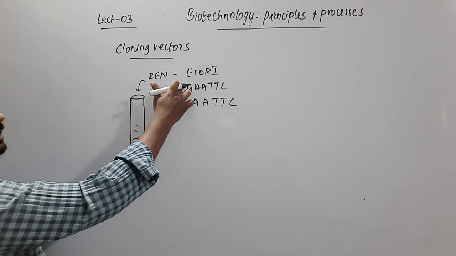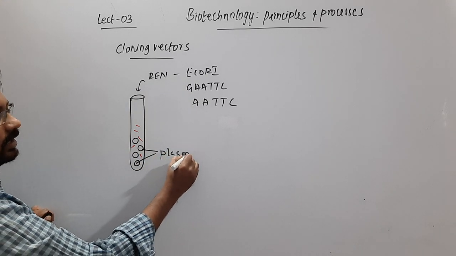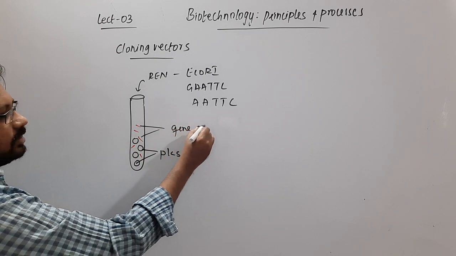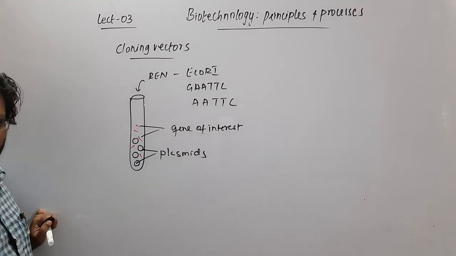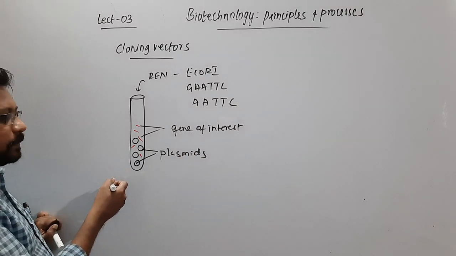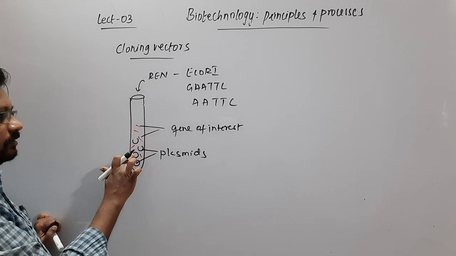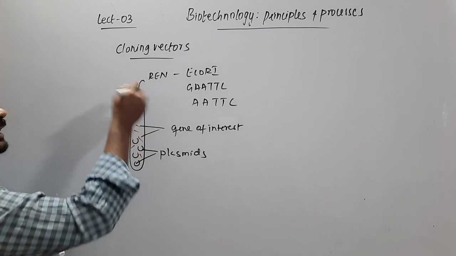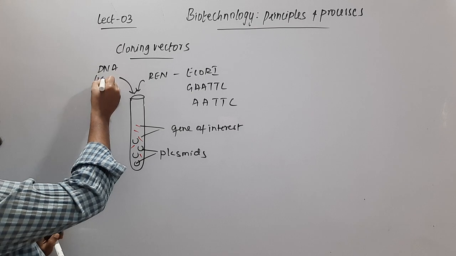And when I use this EcoRI, here these are the plasmids, and this is the gene of interest, or you can also say foreign DNA. Now the plasmids are cut and they will open, right? And later I'm going to use the enzyme DNA ligase.